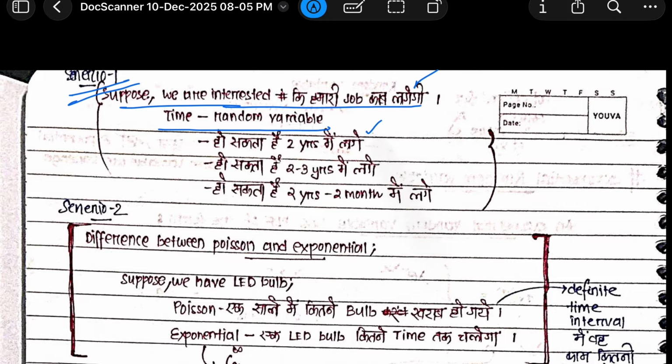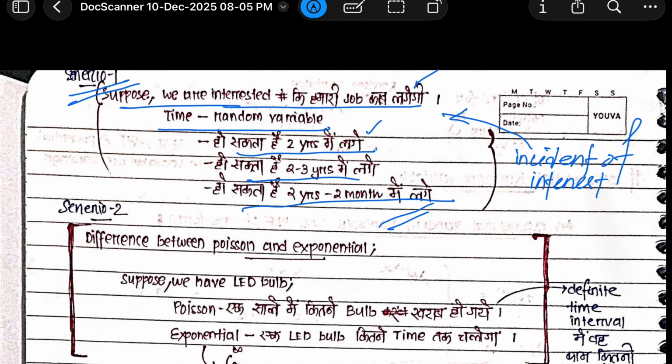You can get a job in 2 to 3 years, in 2 years, or 2 years 2 months. The first scenario talks about the incident of interest taking place.